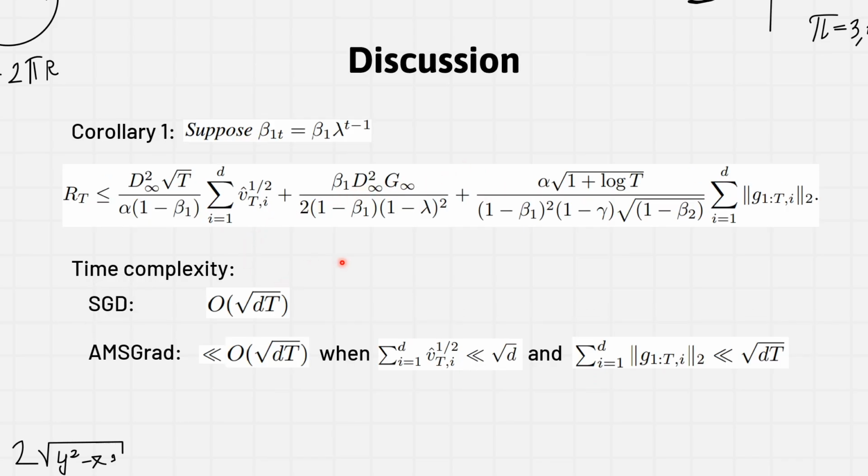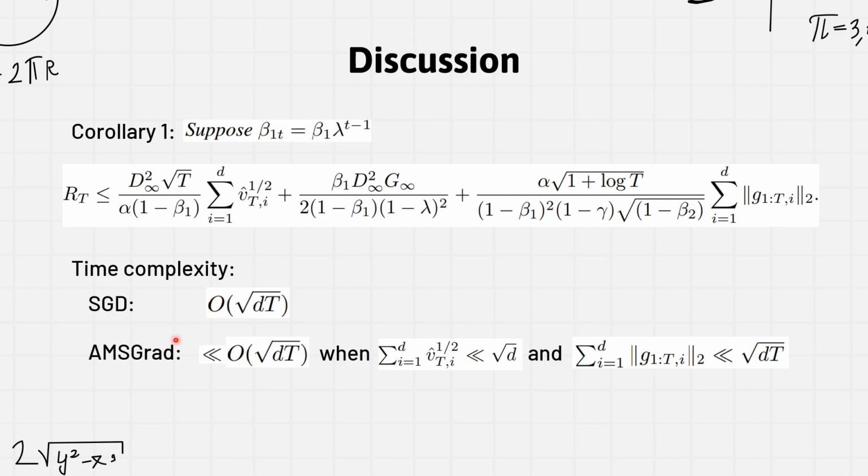After the proof, we can see that the complexity of the ADAGRAD could be faster than the big O root dt if the summation of the epsilon is much smaller than root d and the summation of the gradient norm is much smaller than root dt, which means ADAGRAD is considerably better than stochastic gradient.